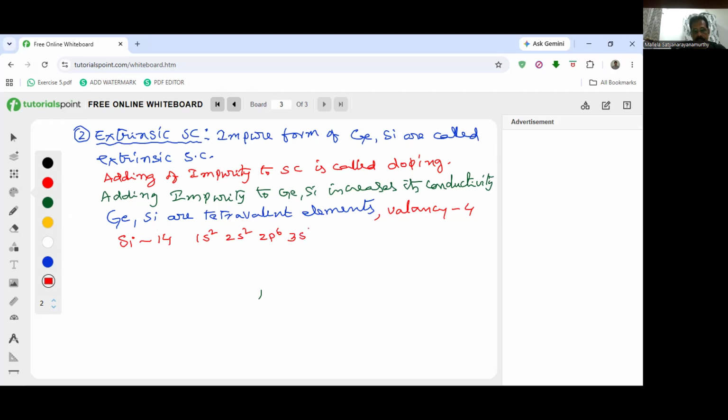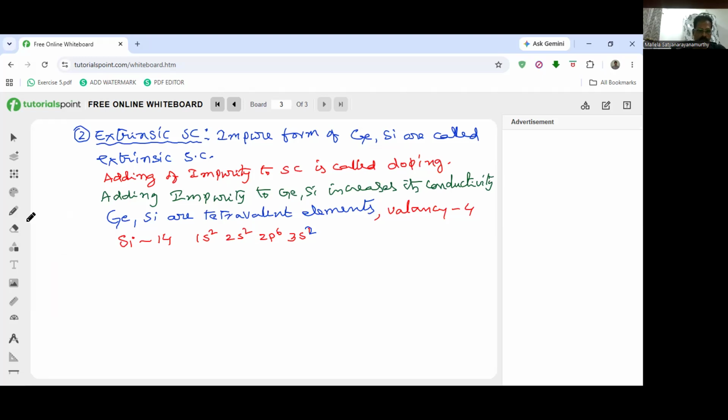3s2, 3p2. So 14 electrons I should get: 1s2, 2s2, 2p6, 3s2, 3p2.